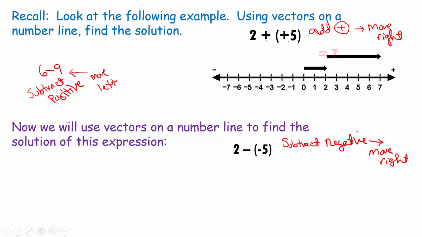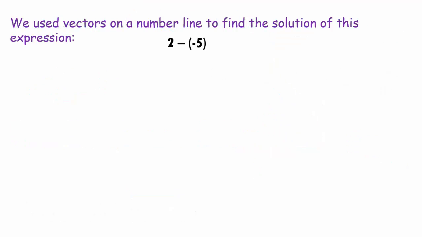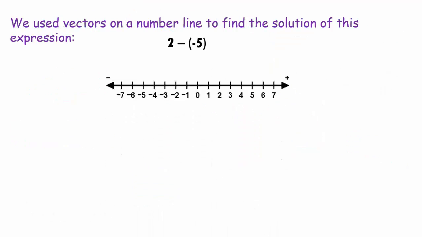So if you look at that in terms of vectors, 2, subtracting a negative, move right. We'll move right 5 and we are up to 7. So hopefully from that you get the point that subtracting a -5 is exactly the same as adding a positive. Use vectors on the number line to find the solution.